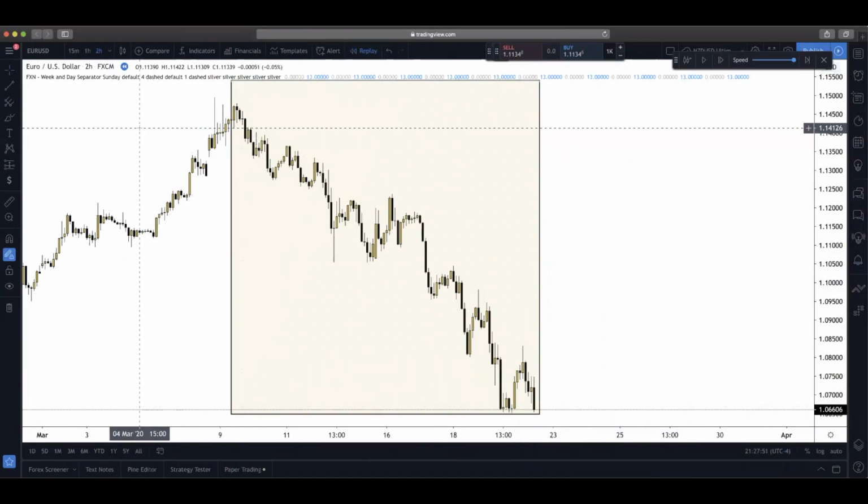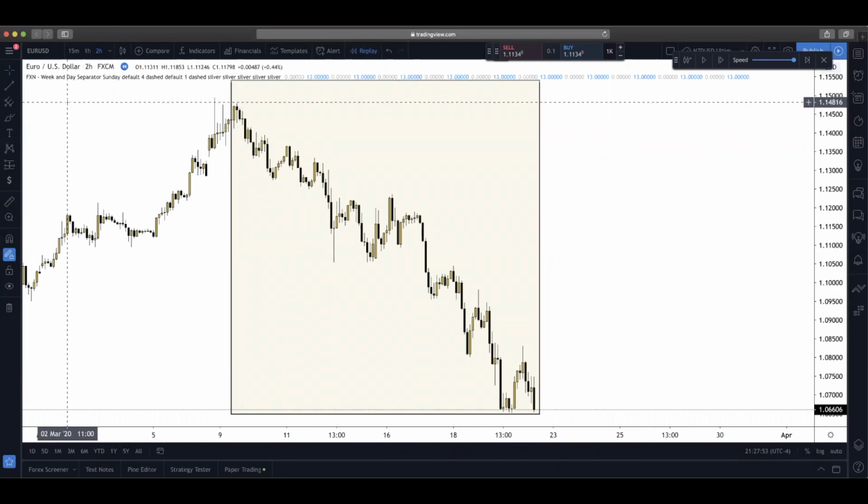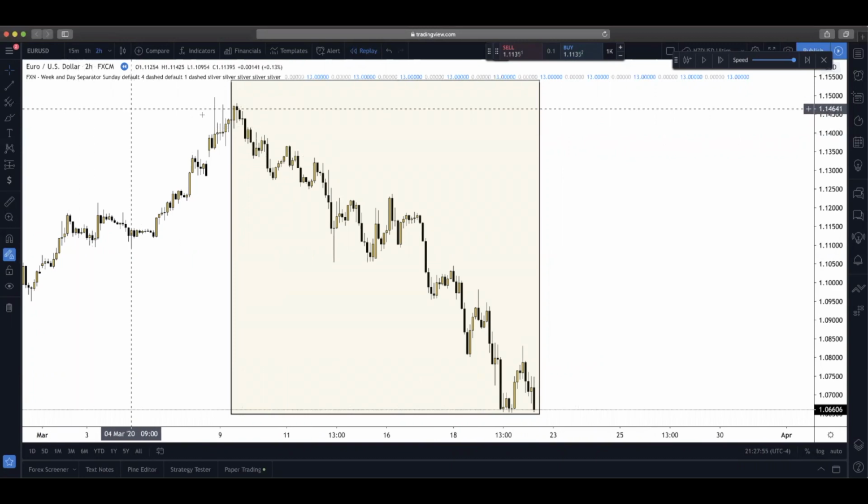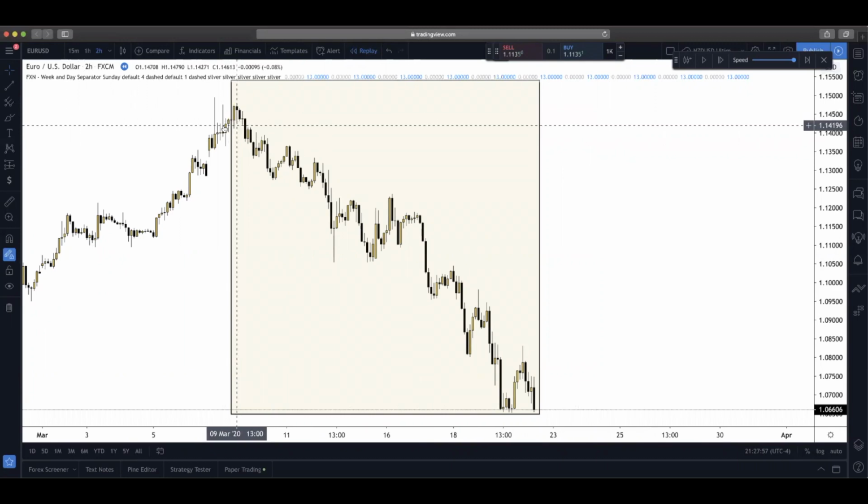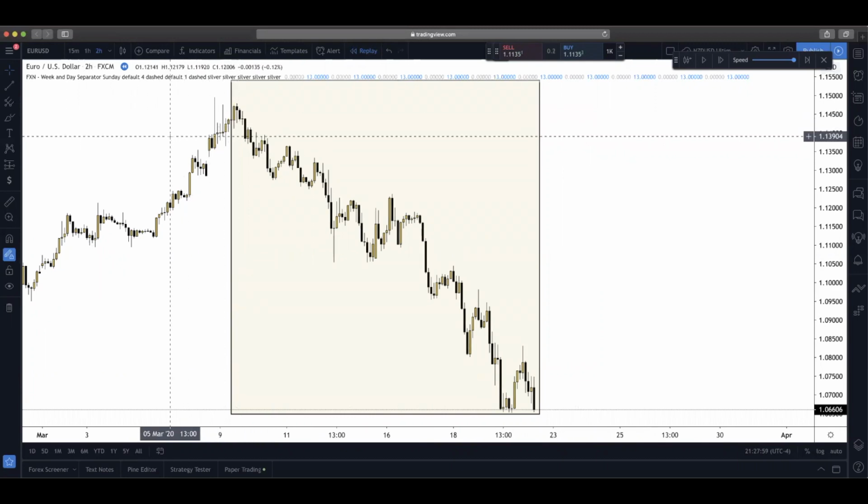All right, here we are on Euro USD on the 2-hour time frame, and I would like to discuss with you guys what I believe is the best indicator on any chart software, whether it be Thinkorswim by TD Ameritrade or a web-based one like TradingView, for example.